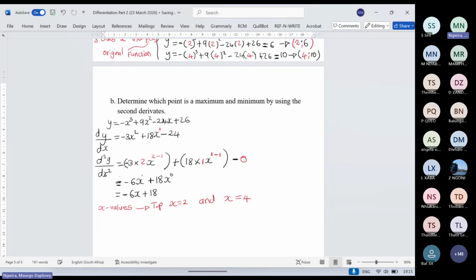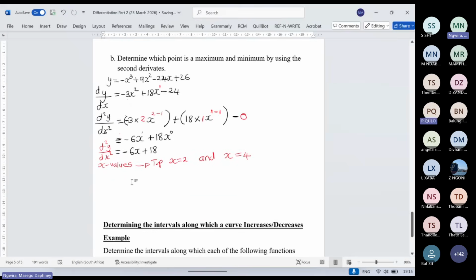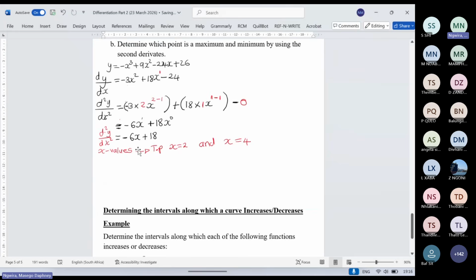So now we can substitute into your second derivative. This is your second derivative. You can either say y prime prime or d squared y over dx squared or f double prime of x, it doesn't really matter. Then now we are going to substitute.